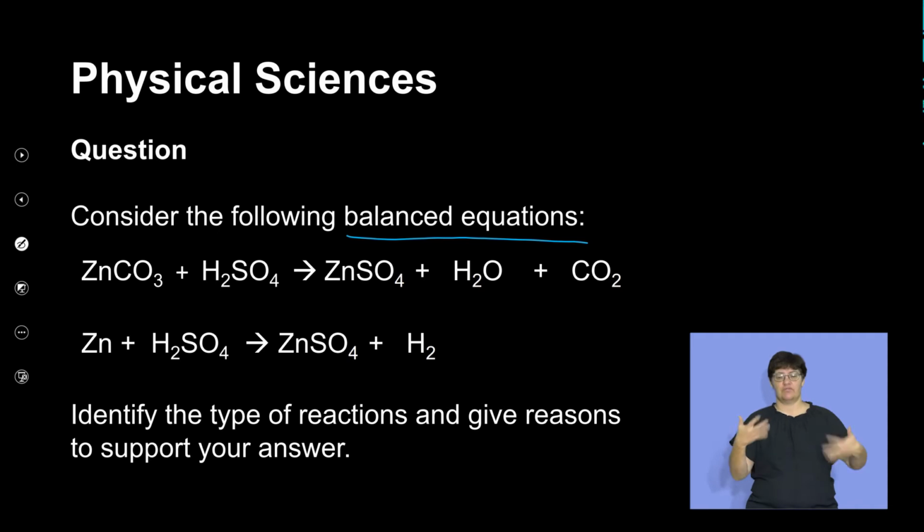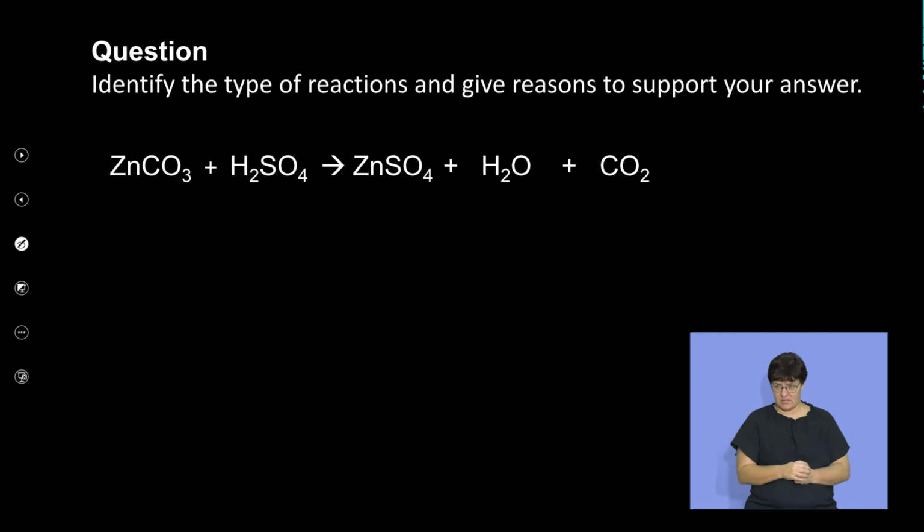But the main focus in this question, it says, identify the type of reactions and give a reason to support your answer, right? Okay, so let's look at the first one. The first reaction, it forms a salt. Let's take it from that end. It forms a salt, water, okay, plus carbon dioxide.